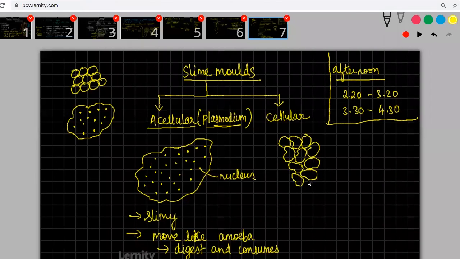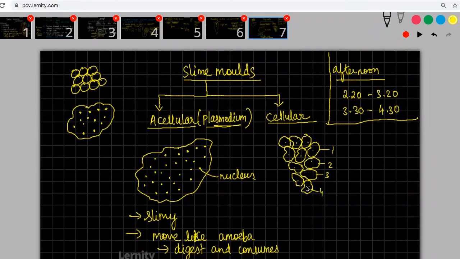So this is how the cellular aggregate will be there. But what is the whole thing? That is the difference between the cases. This is like a group of cells, yes, but are they working together or not is the question. Whenever I talk about unicellular, I mean this is one organism, this is a second organism, this is a third organism, this is a fourth organism.